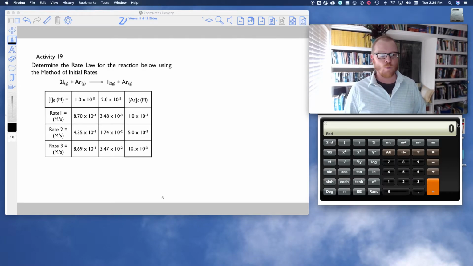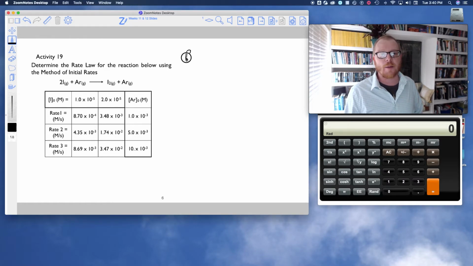And so here's how that works, okay? So when we look at this reaction, 2 I atoms plus argon makes I2 plus an argon atom, okay? And this is a rather obscure reaction, so let's not worry about that for the time being. I just want to use the data from this reaction. The first thing we would do is set up our generic rate law.